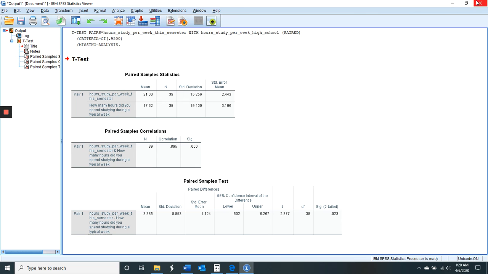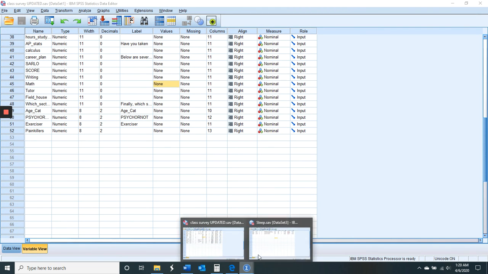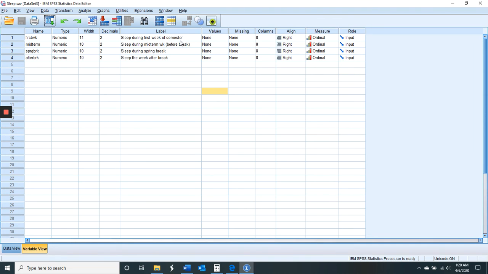So for your lab, I've run these analyses on another data set. So this data set, we're looking at the same people and how much they report sleeping during the first week of semester, midterm, spring break, the week after spring break. So there's two paired t-tests that I ran for this one.